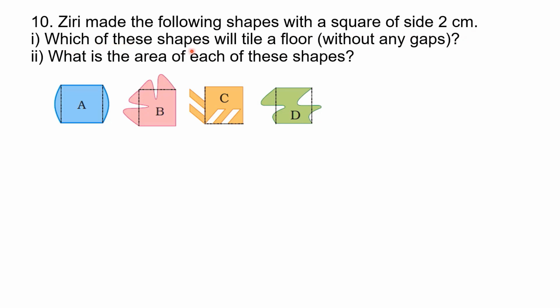Which of these shapes will tile a floor without any gaps? What is the area of each of these shapes? Observe these 4 shapes carefully. After observing these shapes carefully, we can say that the shapes C and D will tile a floor without any gaps.